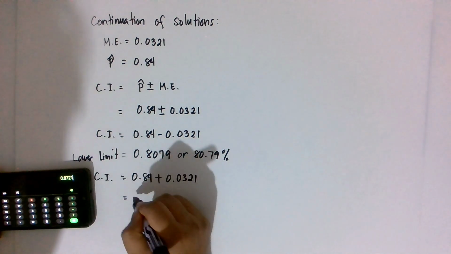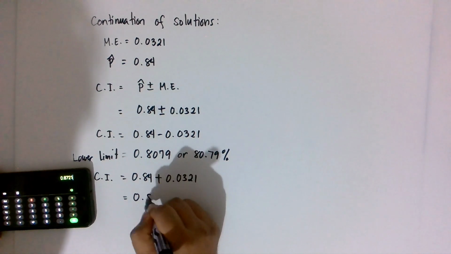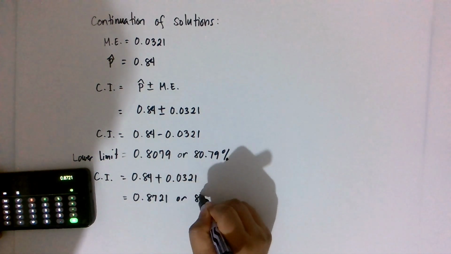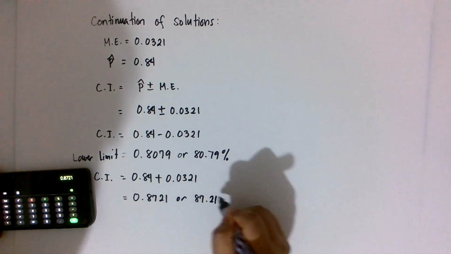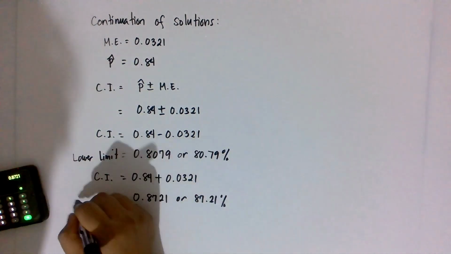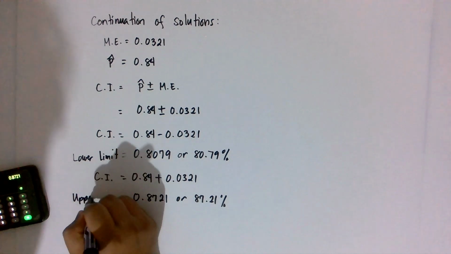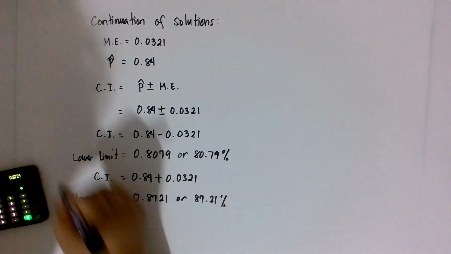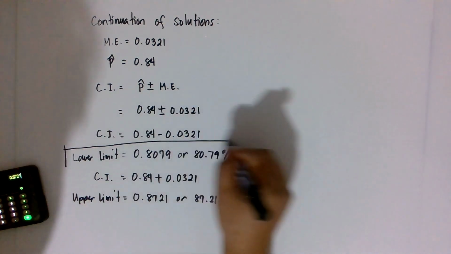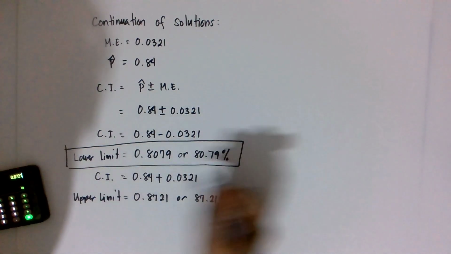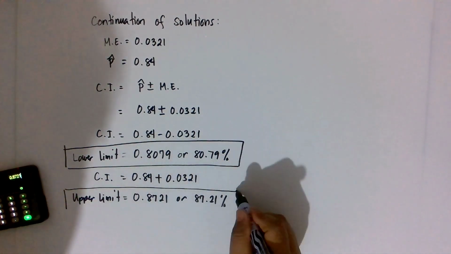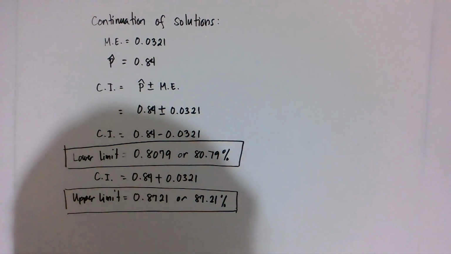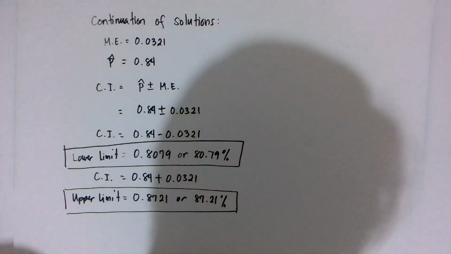So, our final answer is 0.8721 or 87.21%. Okay, and that is our upper limit. Alright, sa box ulit natin para pag gumawa tayo ng confidence intervals ay mas madali natin silang makita.